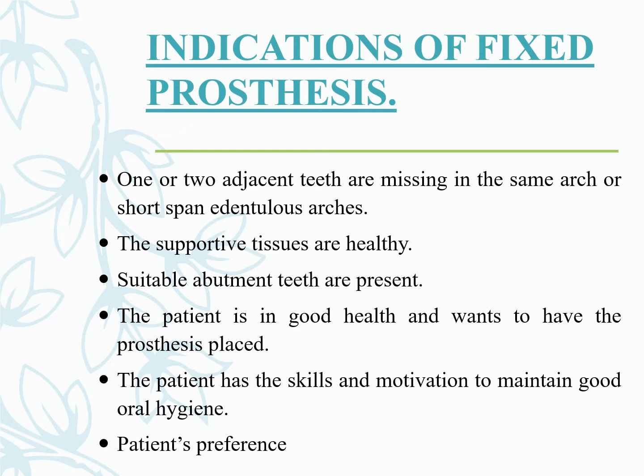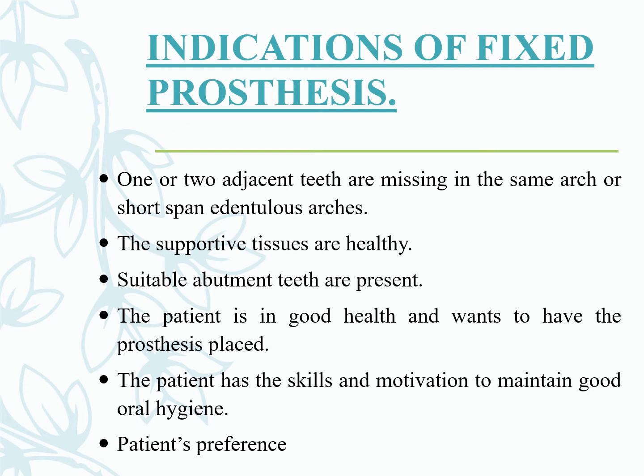And what are the indications for a fixed partial prosthesis? The first thing would be when one or two adjacent teeth are missing in the same arch or a short span edentulous arch. When all the supporting tissues, that is the periodontal ligament, the residual ridge, and the surrounding abutment teeth are healthy, that is when FPD is indicated.